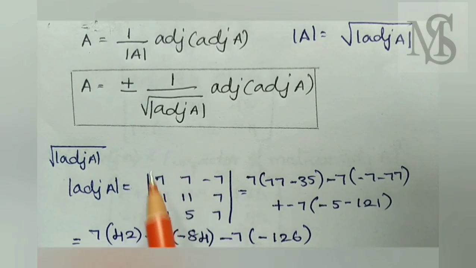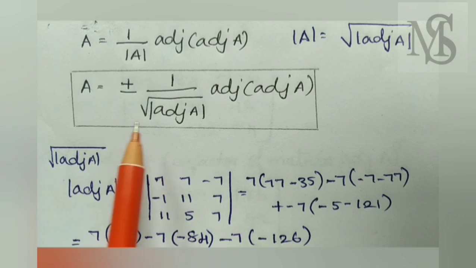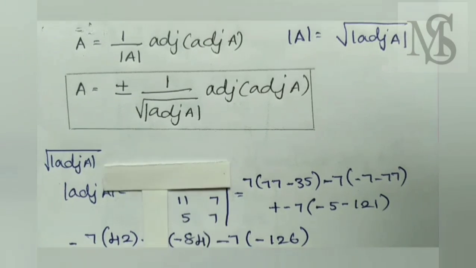To find it, first we take 7 into, without considering the values in the first row and first column, the remaining values cross multiplied and subtracted. That is 11 into 7 is 77 minus 5 into 7 is 35.